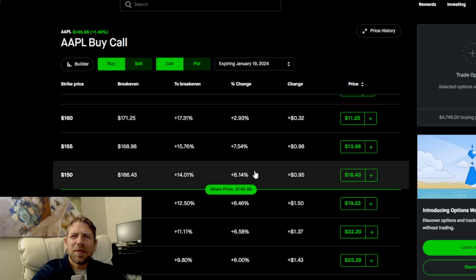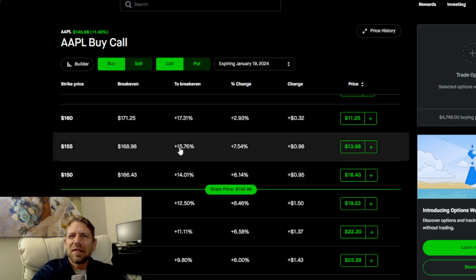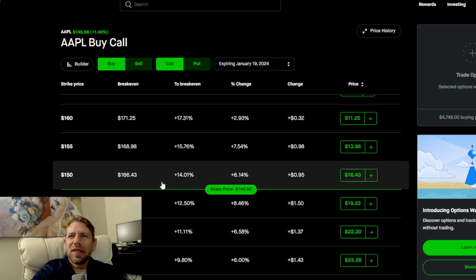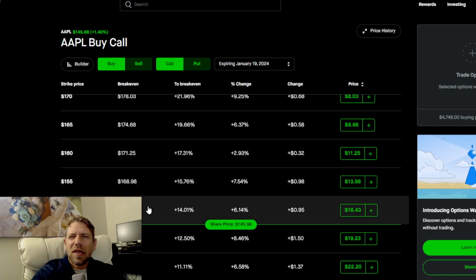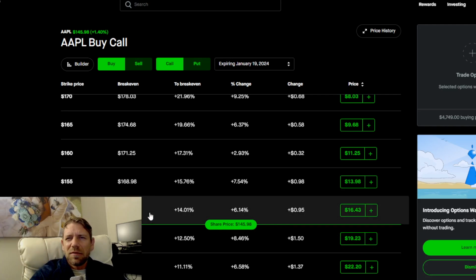When January of 2024 comes along, if the stock is over $145, you're going to get all of those gains. Let's say it's 150. That means you're going to get $500, right? $5 times 100 shares. You're going to have $500 in your pocket.